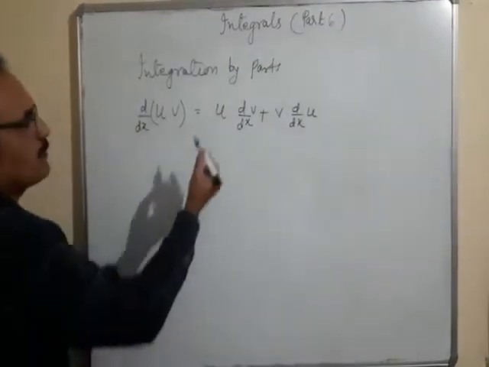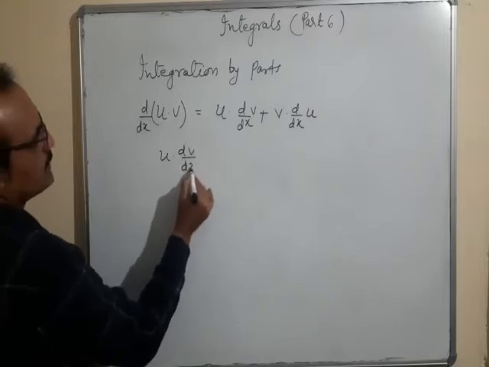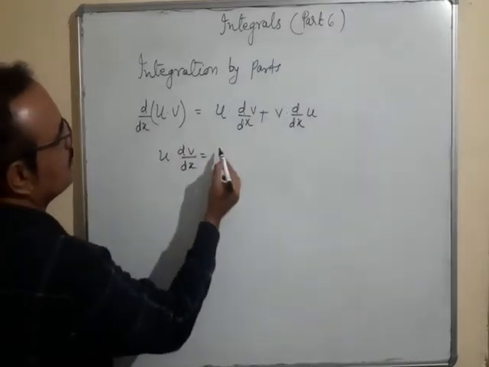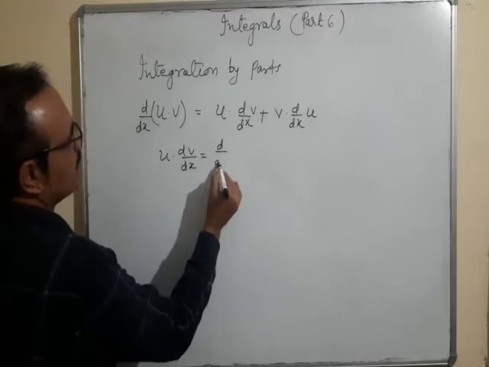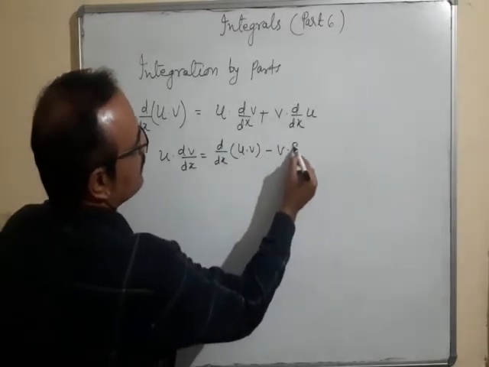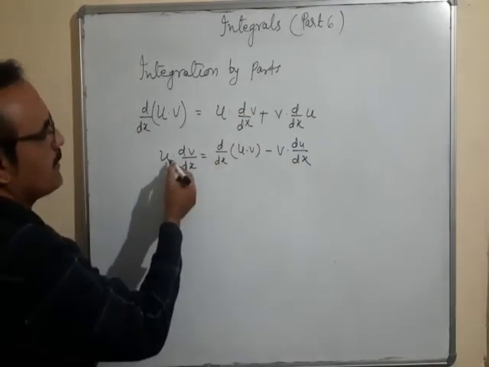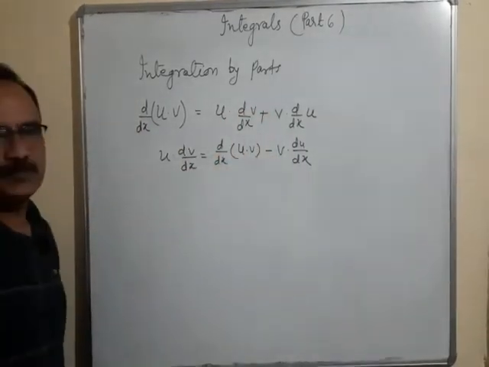In this, if you shift this term, u dv by dx is equal to d(uv) by dx minus v du by dx. What I have done here is separated u dv by dx, and this term is shifted.